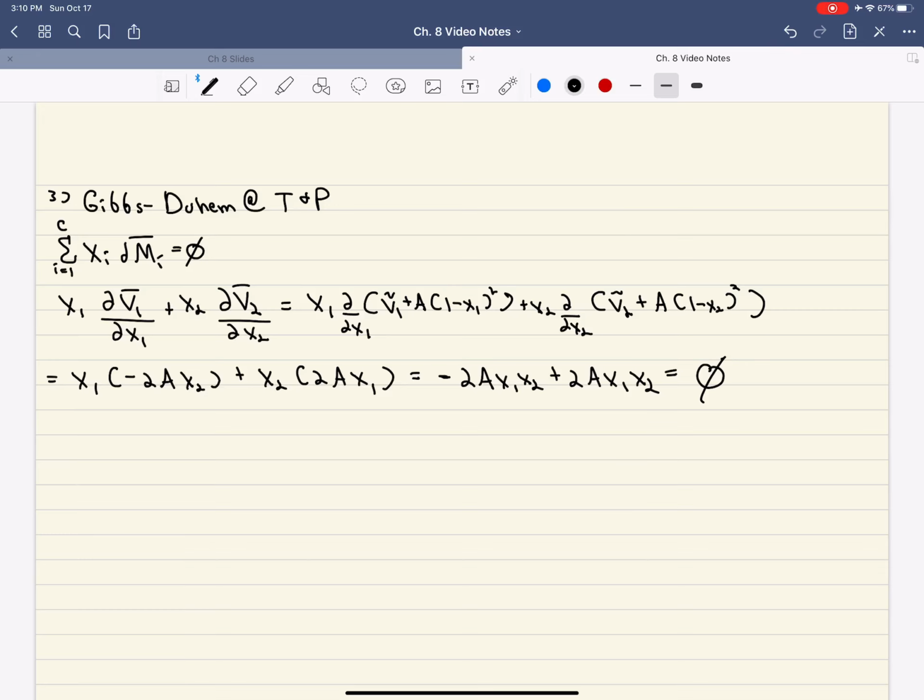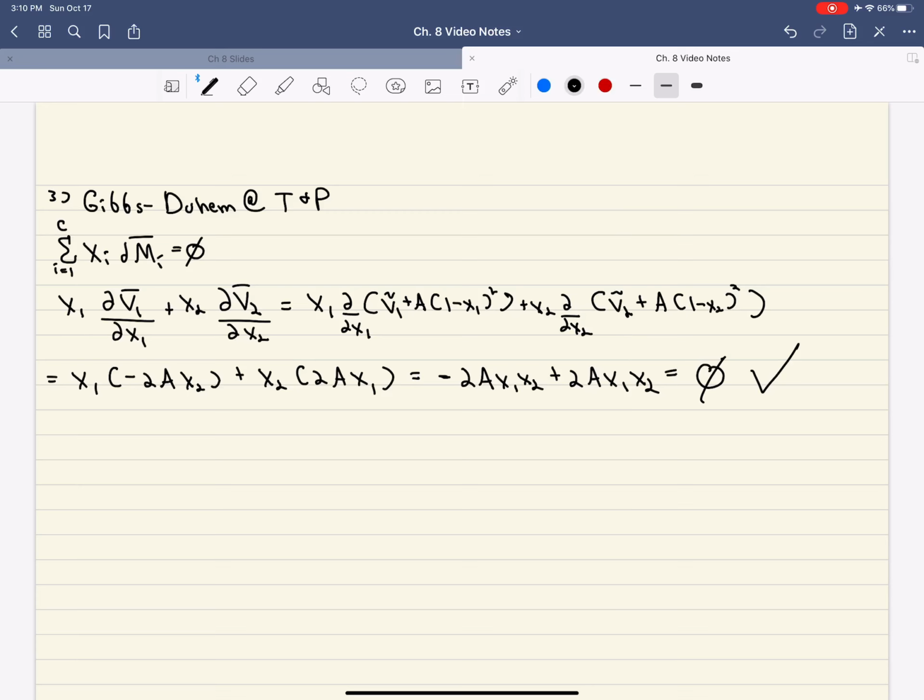And so this tells us that the model that we proposed for delta V mixing not only passes the Gibbs-Duhem test, it also passes the check for additivity and also satisfies the limits that we do expect for the pure species.